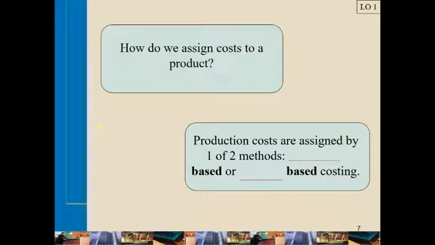So, this is already mentioned sa, I think it was chapter 2, katong sa basic management concepts, di ba? Now, your production cost may be assigned either through functional-based costing, or second, through activity-based costing. So, we will be defining each kind of method later on in detail.